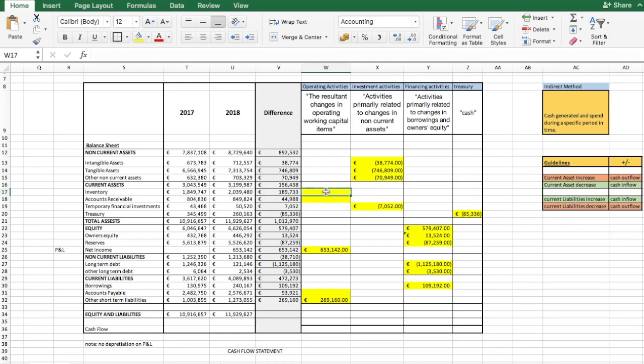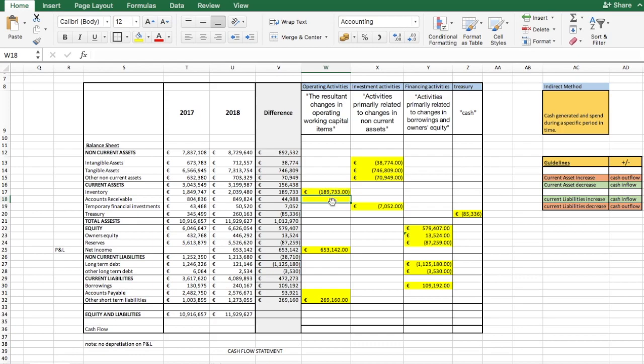So if we increase the amount of inventory, that means that we pay for it. And because we pay for it, it's a cash outflow. And cash outflow in current assets is a minus. So we put minus the amount, and we get a negative number.